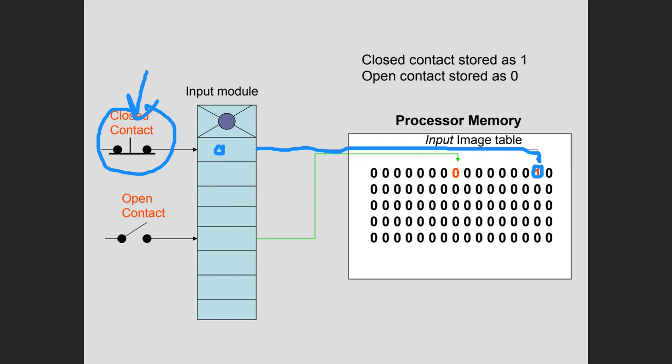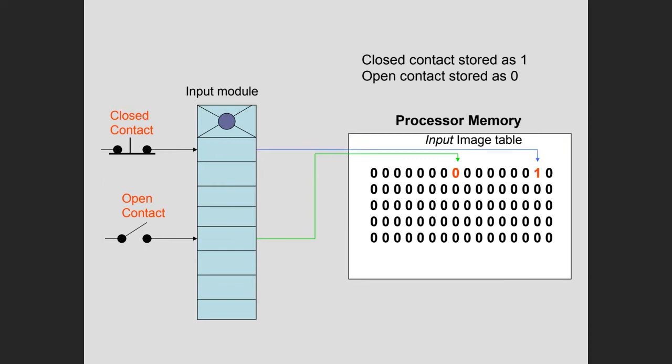If you were to press this normally closed button and open it up, then this would change to a 0. So just by looking at memory, let's say I couldn't see what was outside of memory, I can only see the bit positions in memory. Just by looking at whether I have a 1 or a 0 right there, I can tell if the button mapped to this is open or closed.